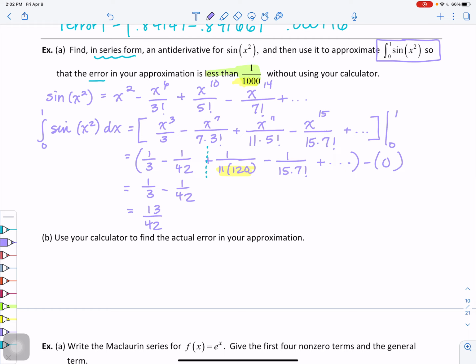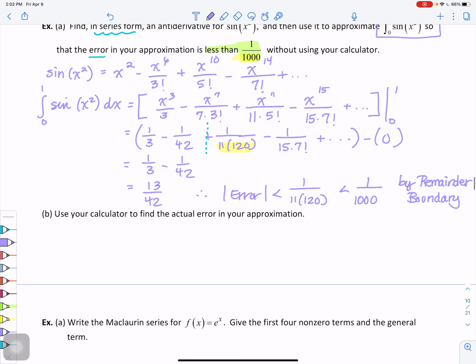So what can we say? We can say that the absolute value of the error is less than 1 over 11 times 120, which is less than 1 over 1,000. And that's by that remainder bound. It is a bound on our remainder.